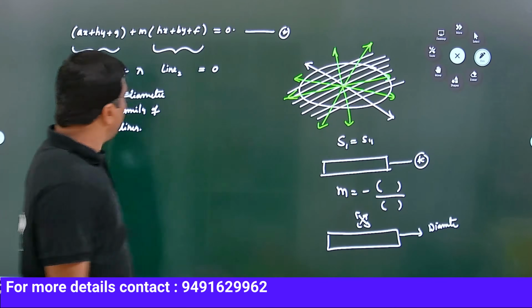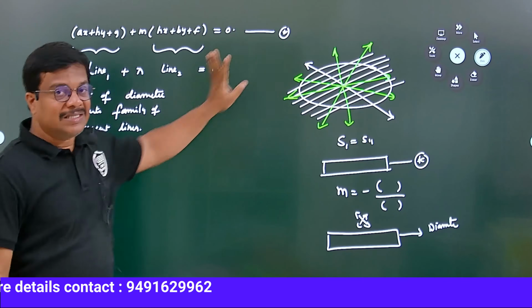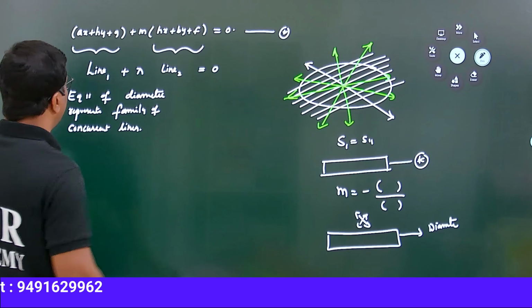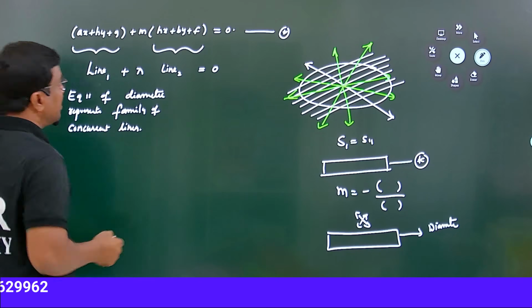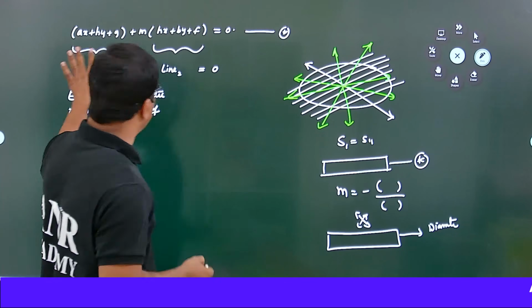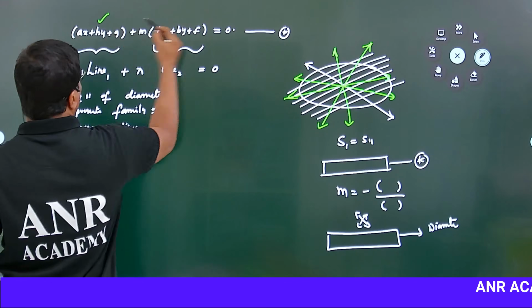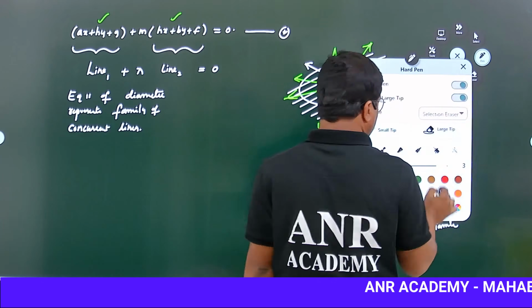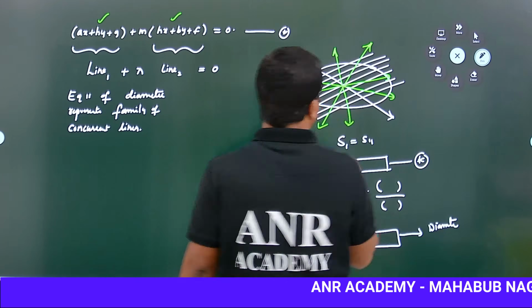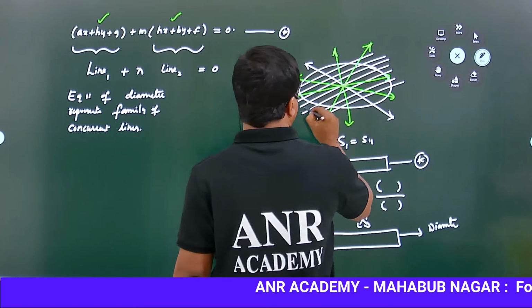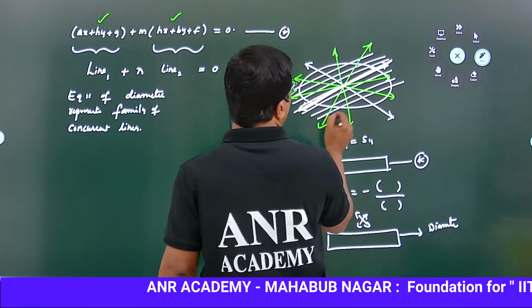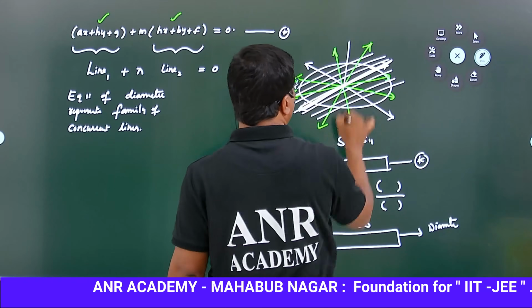For different values of lambda, there exist different lines in this way. Ax plus hy plus g, hx plus by plus f indicates a family of intersecting lines, right? Assume that two intersecting lines, this one and another line somewhere here.